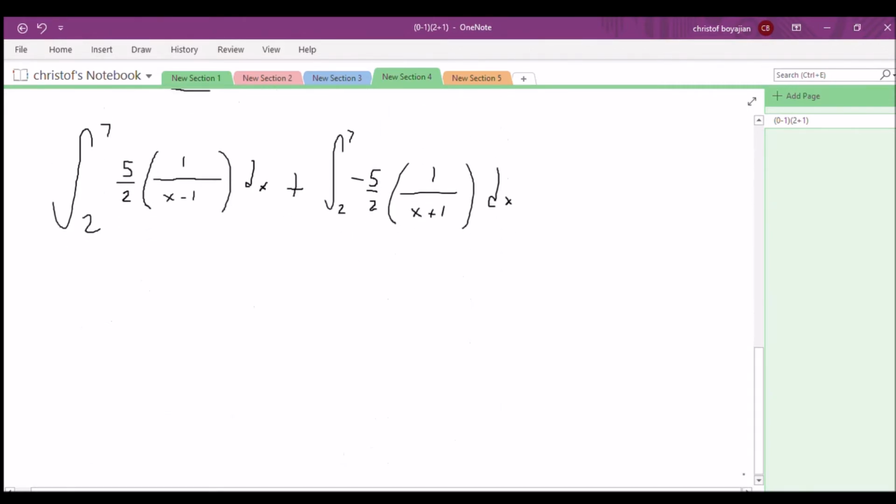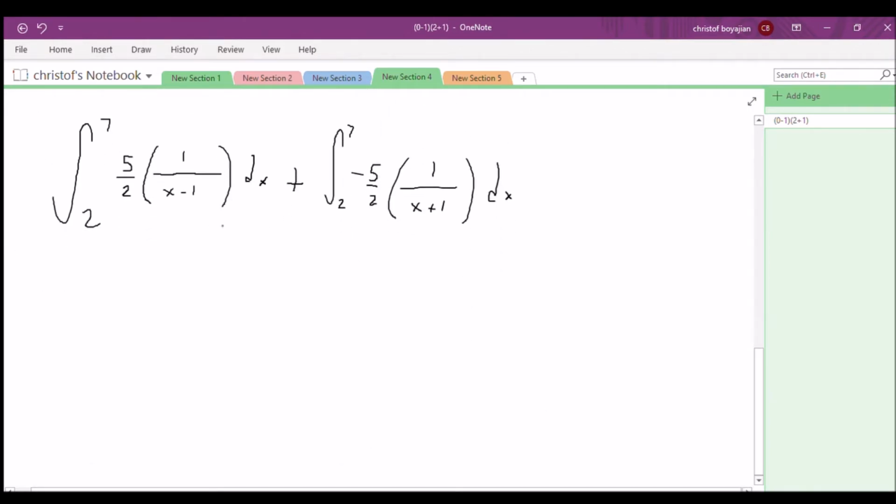All right. So let's go ahead and solve for this integral. So we have our constant sticking out here off to the side. So 5 over 2. Now what's this going to be? Well, the integral of 1 over x minus 1 is the natural log of x minus 1, right?